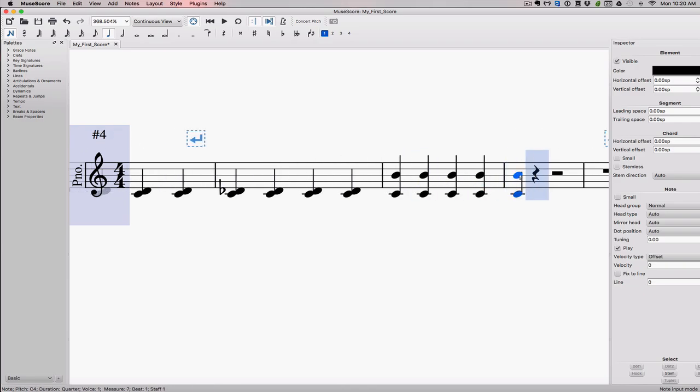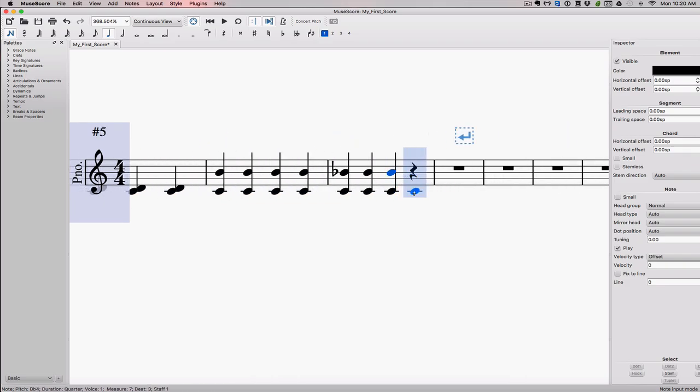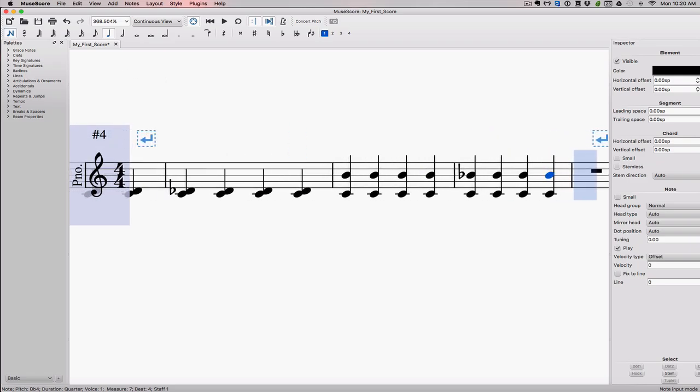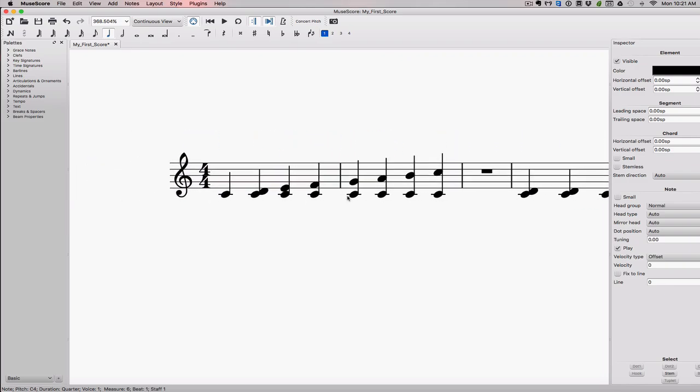And let's do a minor seventh also. Also considered a dissonant interval. Okay, let's hear those. So major seventh, minor seventh. Okay, now also considered dissonant are any augmented or diminished intervals, things like the tritone, right?